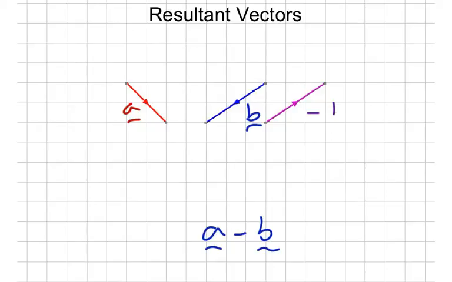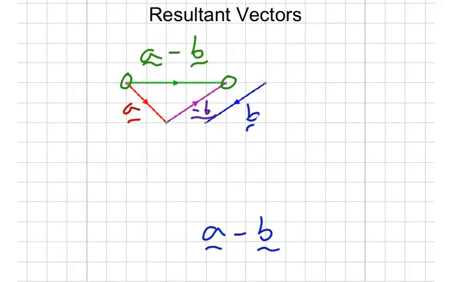So this one here is minus B. Then we put the beginning of minus B on the end of A, and when we do that we get this over here. Then our resultant goes from the very beginning to the very end, like that, and that is A minus B.